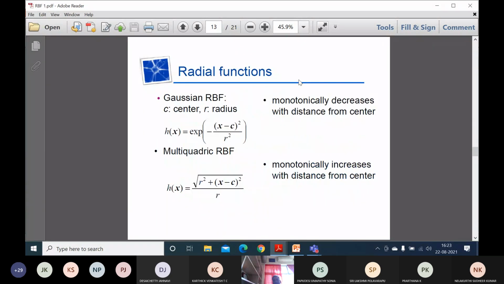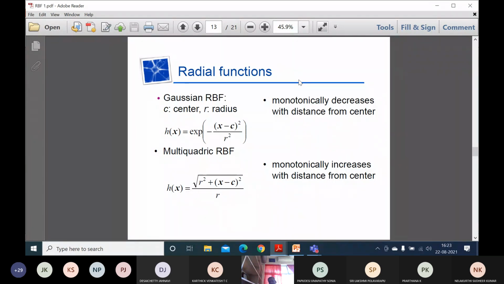graph over there. So what are the various radial basis functions we are using? One is the Gaussian RBF, and the other is the multi-quadric RBF. Whenever we use a Gaussian RBF, this formula needs to be utilized here. H of x is the basis function, which is equal to exponential of minus of x minus c divided by r squared, where r is the radius and c is the center.